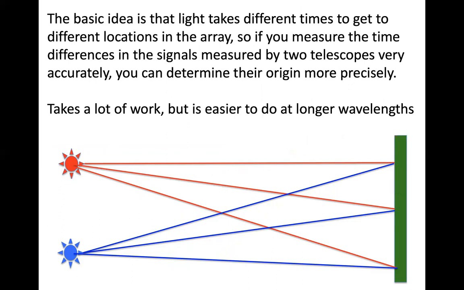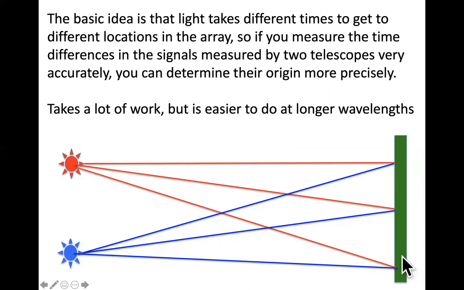Now, if you have a telescope down here and one up here, and you register when this one's going up and when this one's going up, those will occur at different times because they're different distances. It takes less time for the light from the red source to go this way, more time for it to go this way. So that creates a time delay in the oscillations.